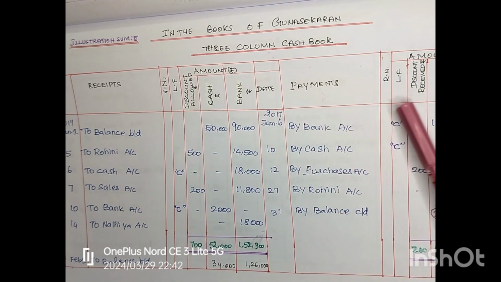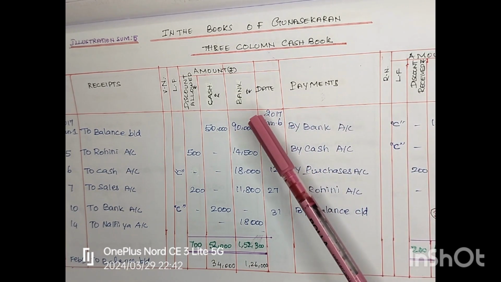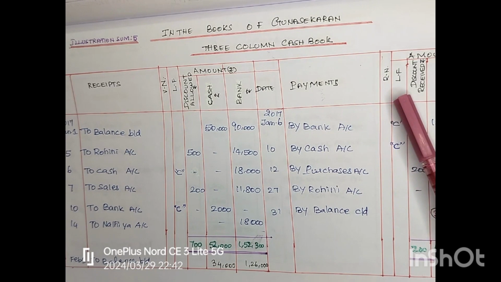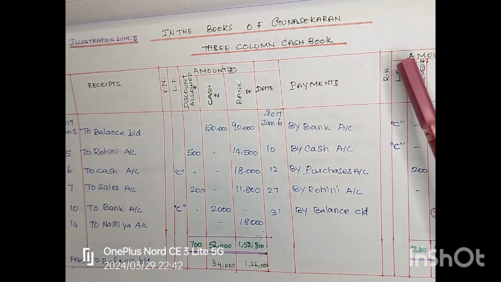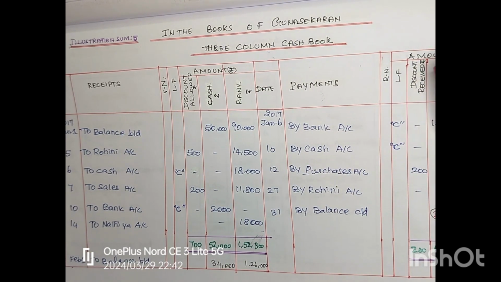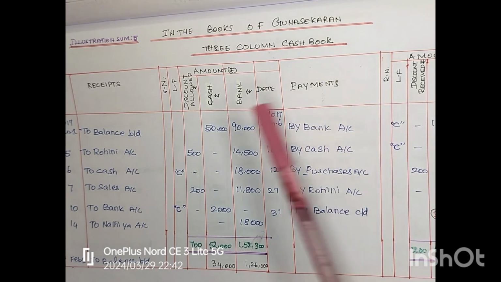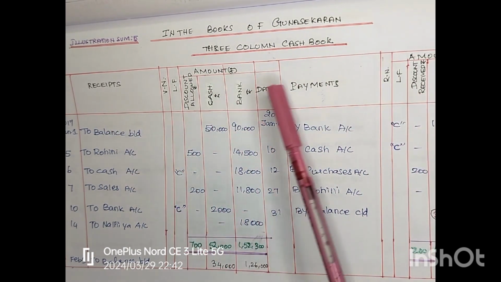On the credit side, which means the creditor side, we have date, payments, RN means reference number, LF means ledger folio, and the amount columns are subdivided into 3 columns: discount received column for the credit side, cash rupees and bank rupees. So this is the format of the 3-column cash book.